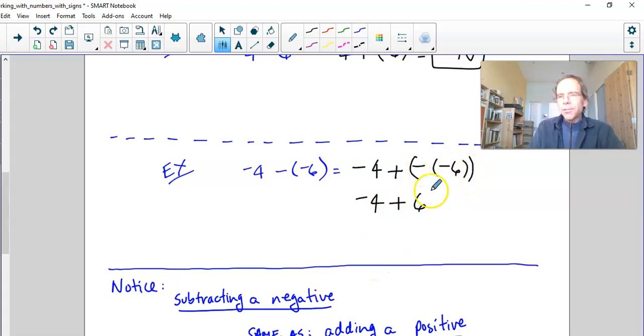The opposite of negative 6 is positive 6. Okay, who's going to win now? If we compare the magnitudes, the 6 has a bigger magnitude. It was positive. The end result's going to be positive. The magnitude of the resulting number should be the subtraction, right? 6 minus 4 gives you 2.